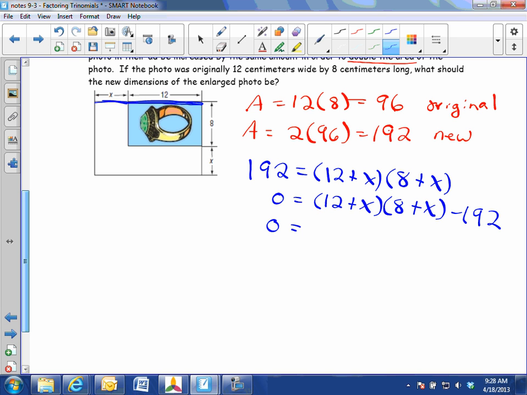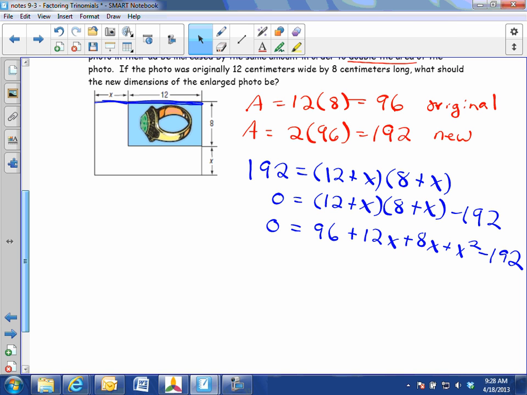Let's try that. So 12 times 8 is 96. Then we've got 12x and 8x and x squared minus 192. Now what? Plus 20x.